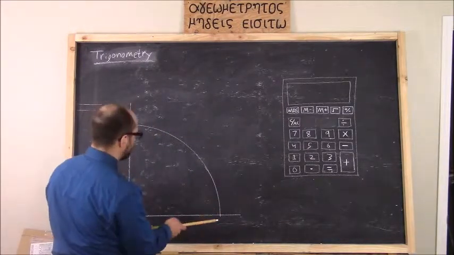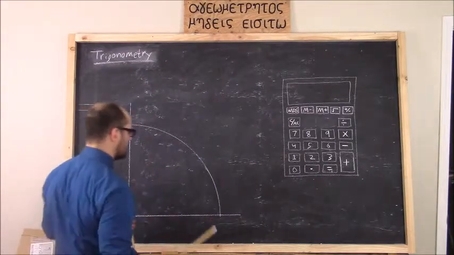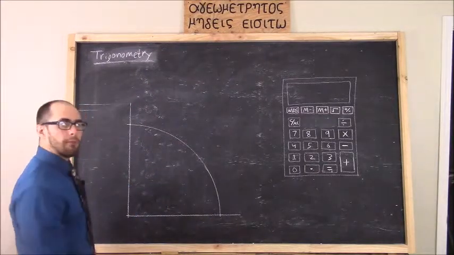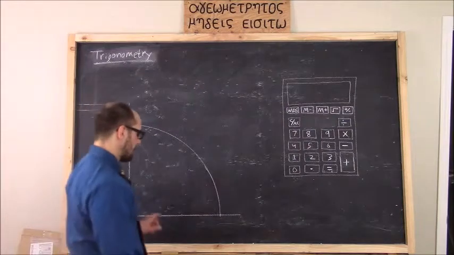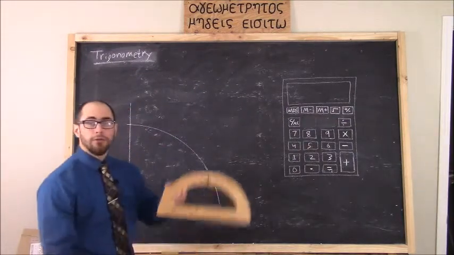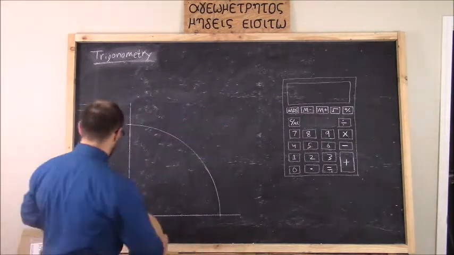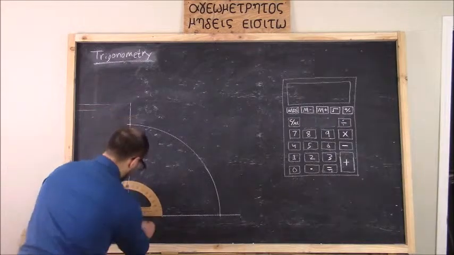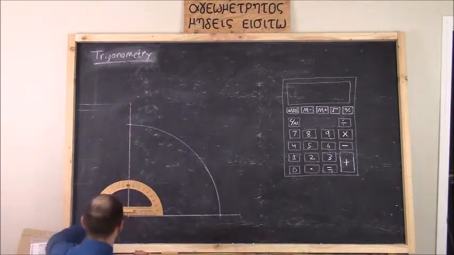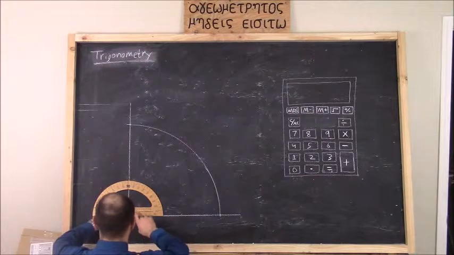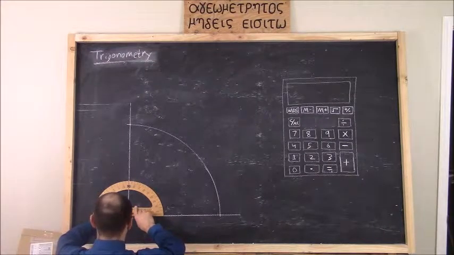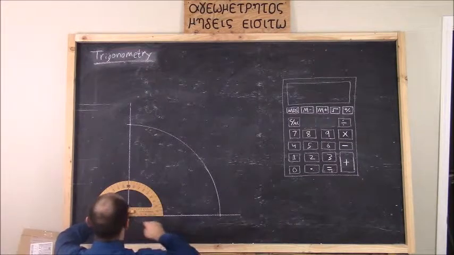All right, trying to be as careful as possible. The more careful I am, the better my results will be. Now, I will use a protractor. And let's just mark off every 10 degrees, shall we? So line this up with my corner here.